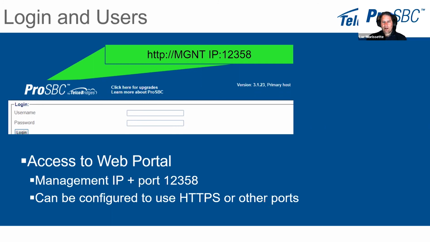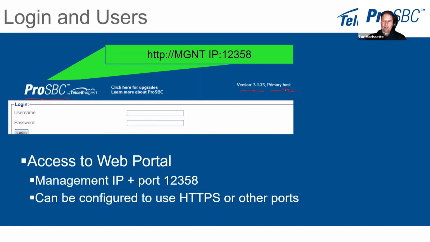When you log into the web portal, it's going to tell you if you're using ProSBC, you will see it up here. Or if you have FreeSBC, you will see it up here. And you will see the version you're running and which server you are connected to. If you have just one system, it may say standalone host.